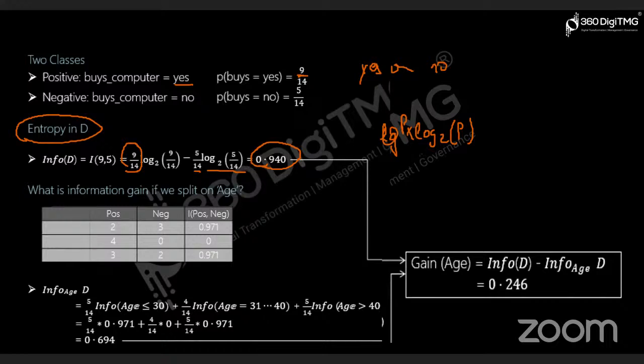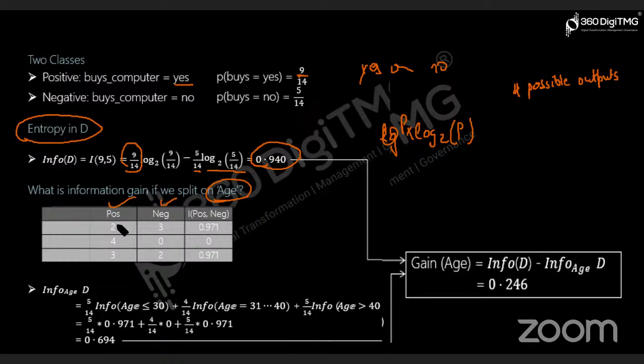Now similarly, let's say we want to split it. We have four possible attributes, so we start off with the first one. The first attribute we have is age. For age we have two possible options, positive and negative.